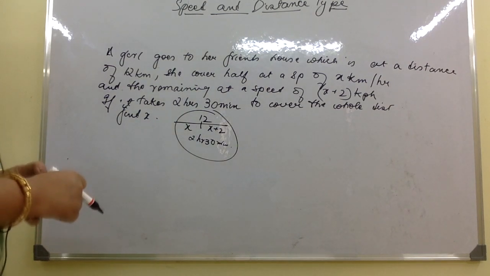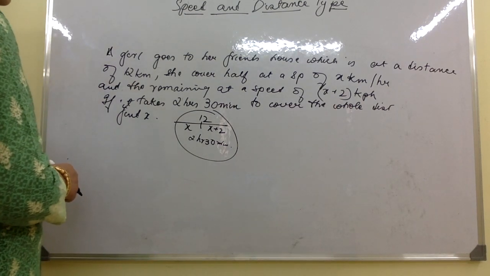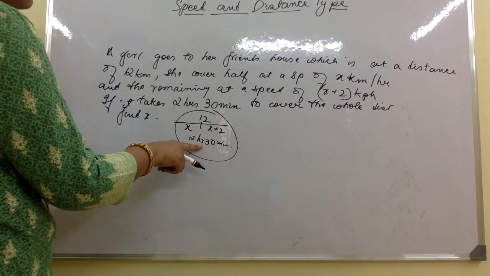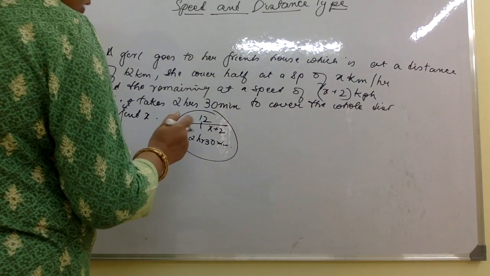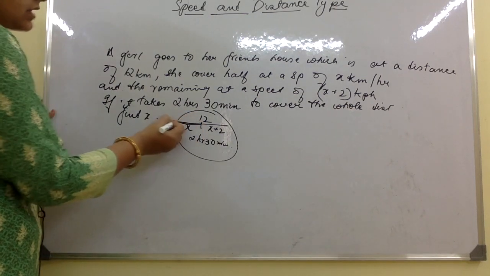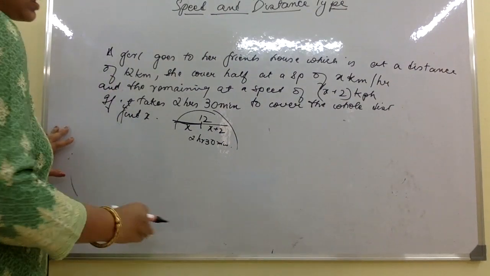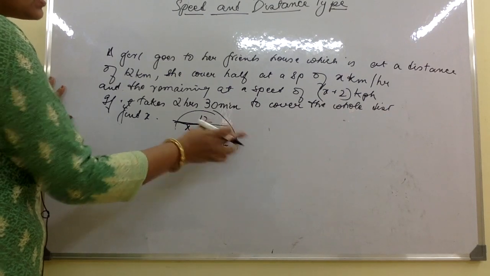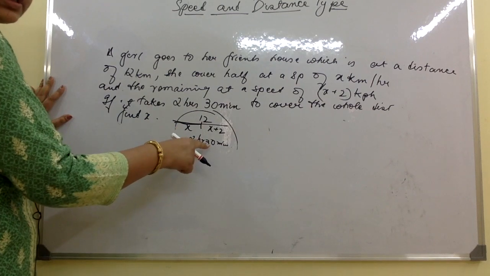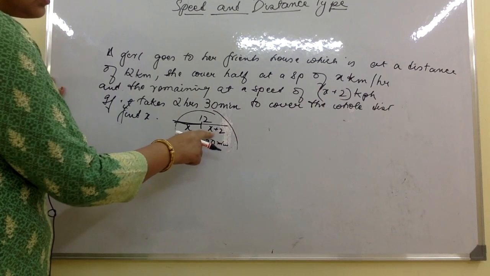Now here I think this sum is going to take up the equation on time only. This is 12 and the full time has been given. The sum has clearly told us that half of the distance they are going by speed x and half of the distance by speed x plus 2.